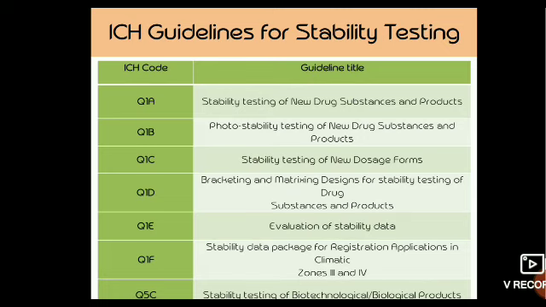Q1D is the bracketing and matrixing design for the stability testing of drug substance and product. Q1E is for the evaluation of stability data. Q1F is the stability data package for the registration application in climatic zone 3 and 4. Next is the Q5C, that is the stability testing of biotechnological and biological product.